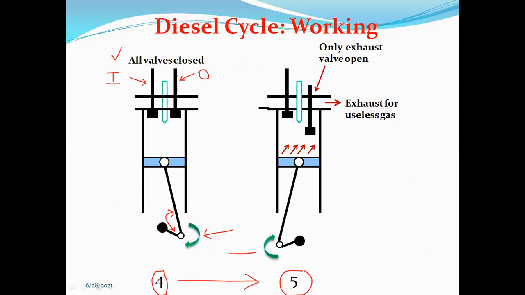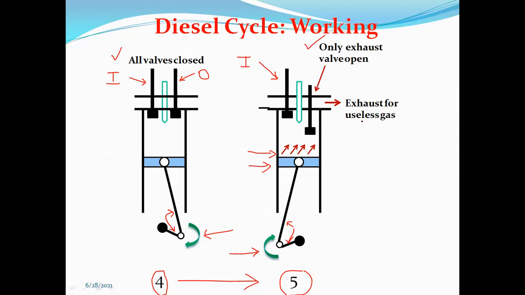Here also observe the direction of motion of this arrow along with the motion of connecting rods. Now observe the piston and the arrows inside the cylinder. In this fifth stage, or last stage of the diesel cycle, the inlet valve is closed and only the exhaust valve is open.